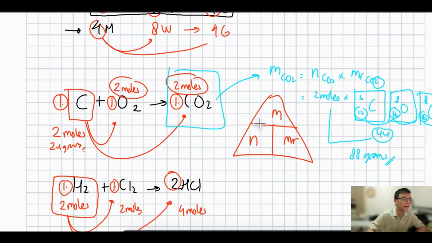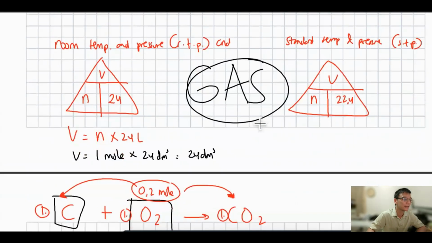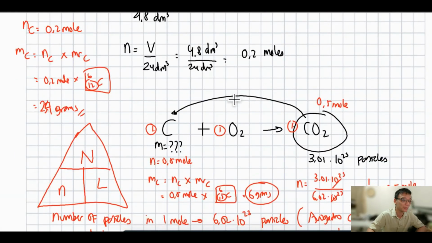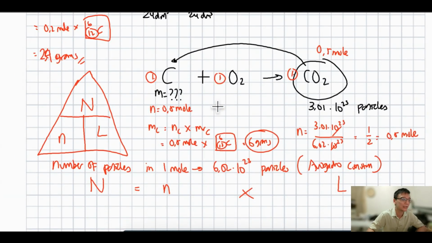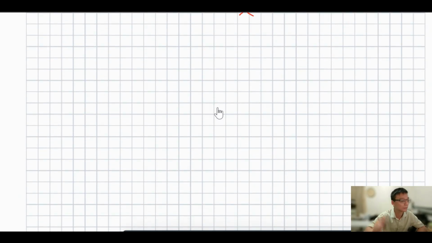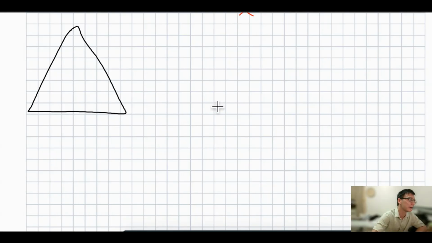So far we have 3 triangles, guys. The mole triangle, we have the volume triangle, typically for gas, and we have the number of particles triangle for everything. As a final one, it's actually the concentration triangle.